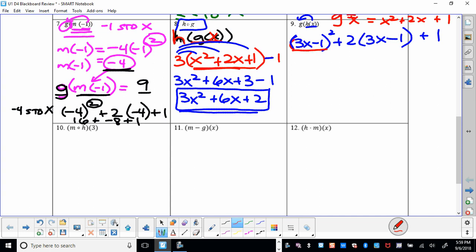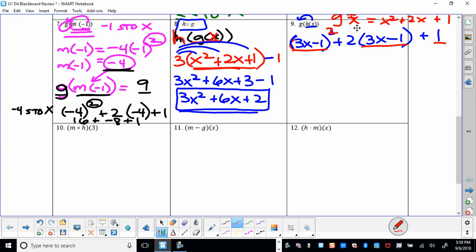Okay, so here's your x squared plus 2x plus 1. All right, and then now, again, that's the algebra 2. You put h of x into g of x, composite function. Now we have to just simplify it.